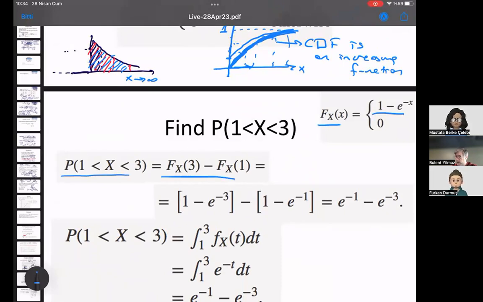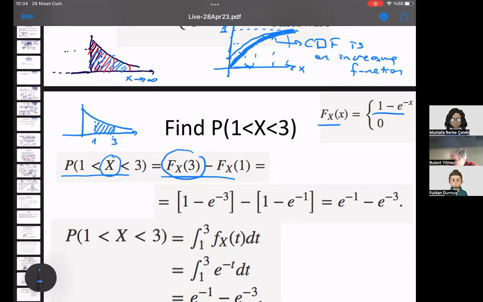And using the CDF, I can find out the probabilities like that. So if probability between 1 and 3, what does this mean? I have this PDF, and between 1 and 3, what is the probability of obtaining a number between 1 and 3? How do I do it? What does this mean?